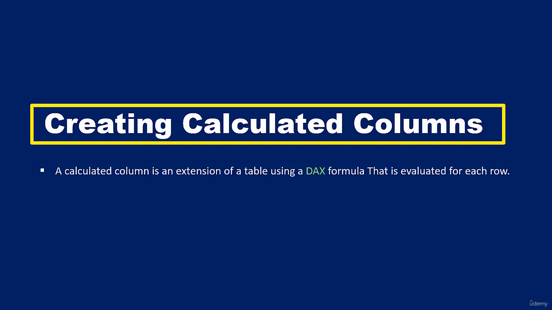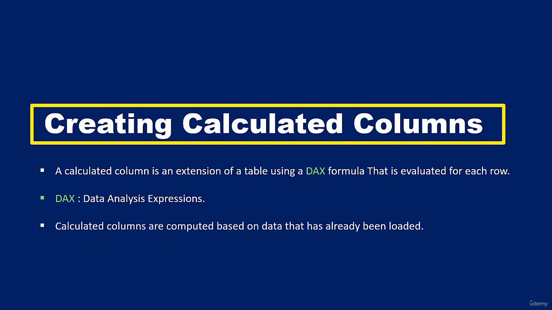DAX stands for Data Analysis Expressions. Calculated columns are computed based on data that has already been loaded into your data model. If you're used to using Excel formulas, the DAX formula works in a similar way.